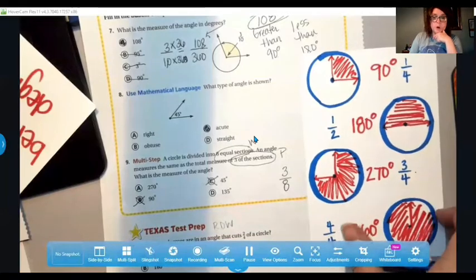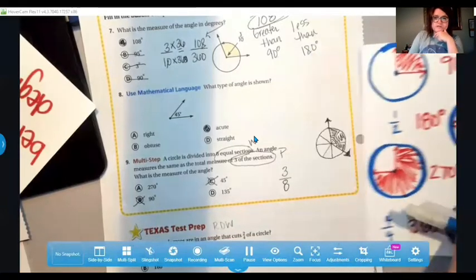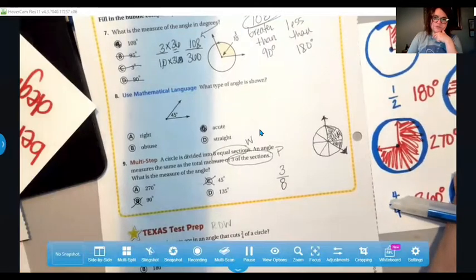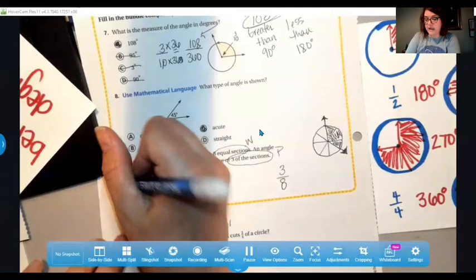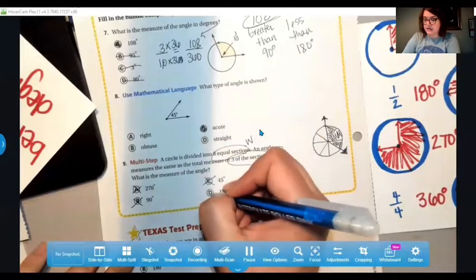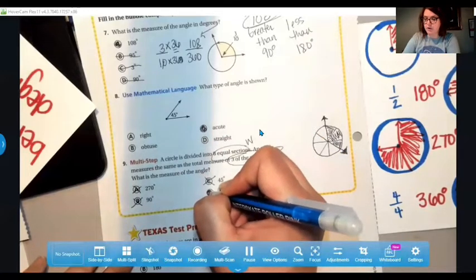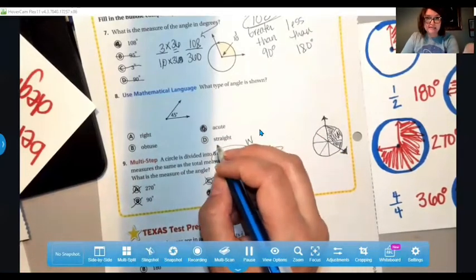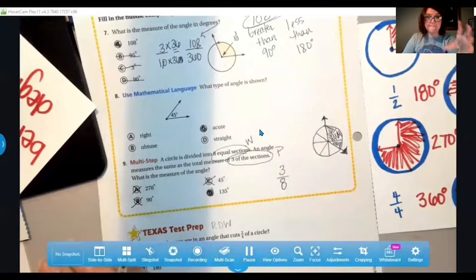It is smaller. I can tell when I put the visuals up next to each other also. So 270 would be way too big, which means our only answer is 135. Do you notice how I used my benchmark fractions to do a process of elimination there?